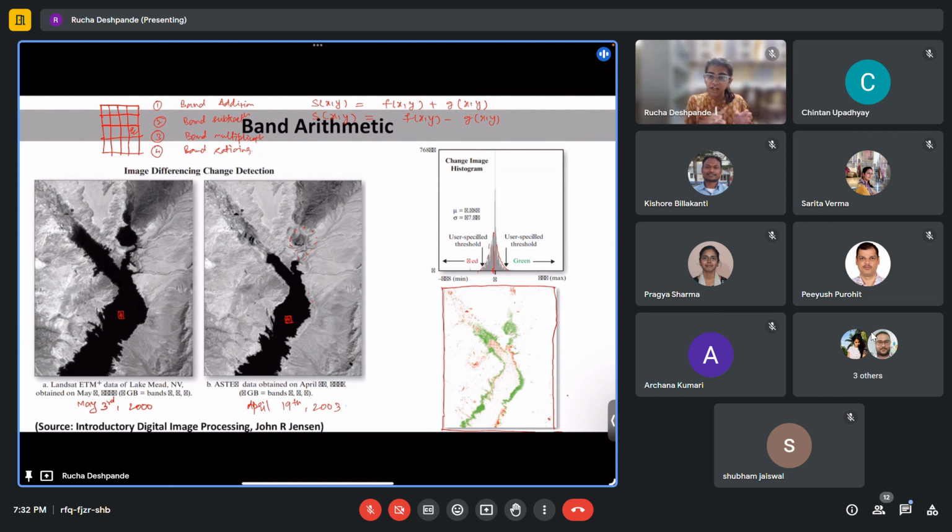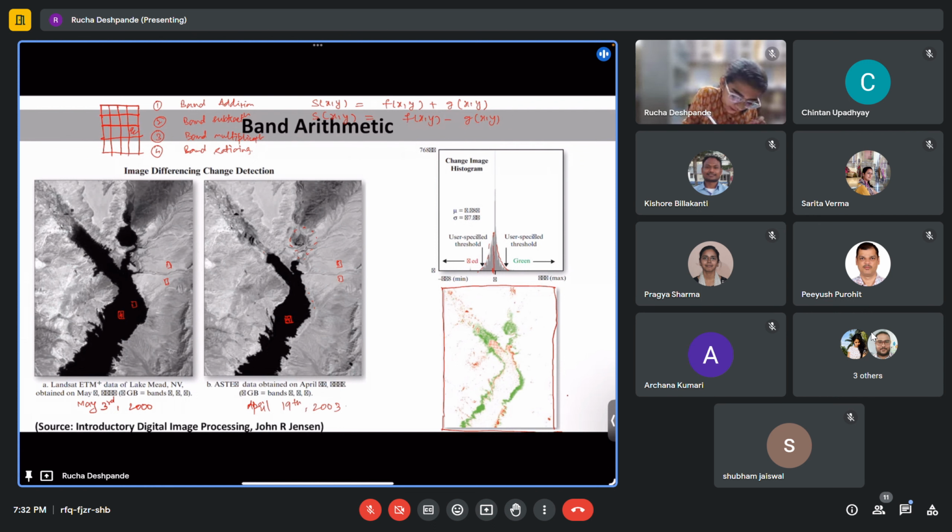So when we do the image differencing, the value of this pixel would be around 0. Or if we pick pixels over here, these are the vegetation pixels. If we pick these, they are also representing a similar area. So all these pixels, their value would not change much, and would be centered around 0.